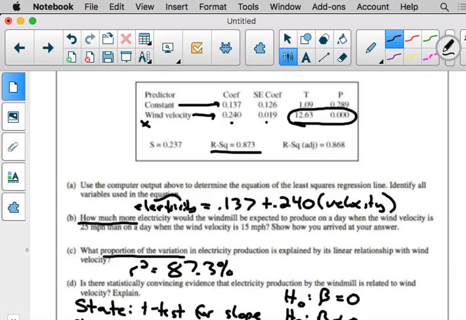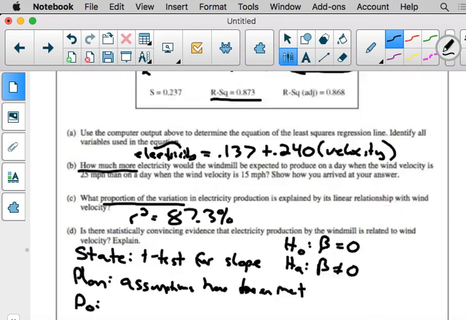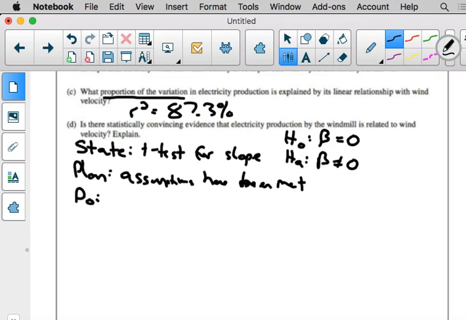Those are the test statistic and the p-value. All of that is actually provided in the table. The t value is 12.63. The p-value is basically 0. So is there evidence? I would say yes.